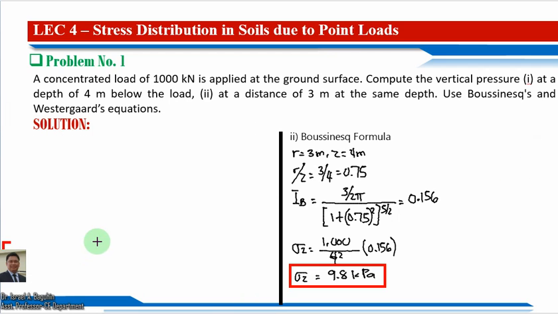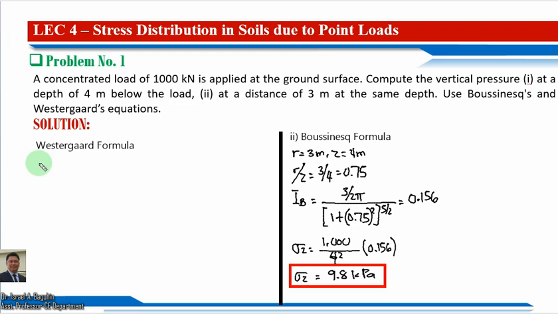So here we have now the Westergaard formula. We can directly substitute this one to our formula using the Westergaard.